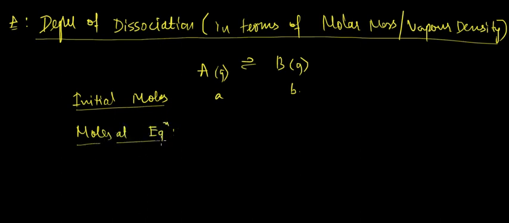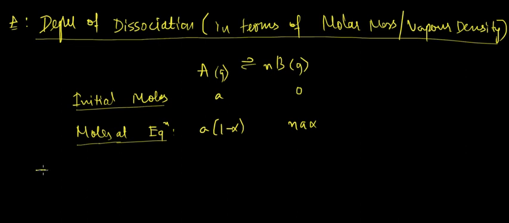Let's say the degree of dissociation of A was alpha, so 1 minus alpha moles would be present for A. Okay, so let's not complicate the example. Let me start with a simple example. So let's say B had 0 moles, and A is converting into n moles of B.